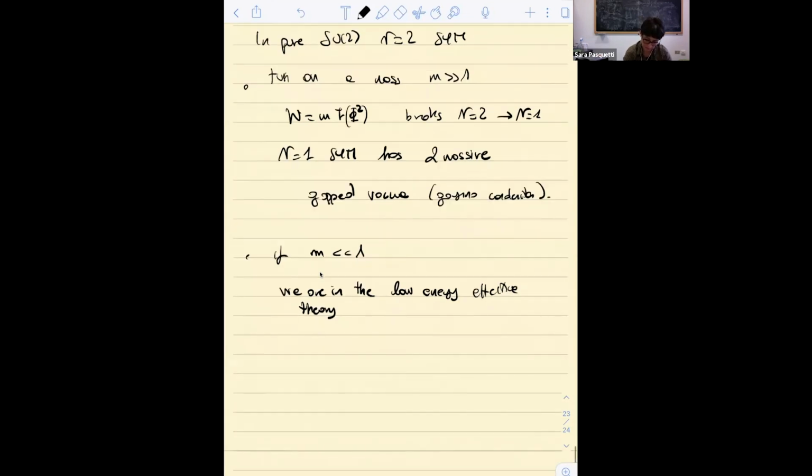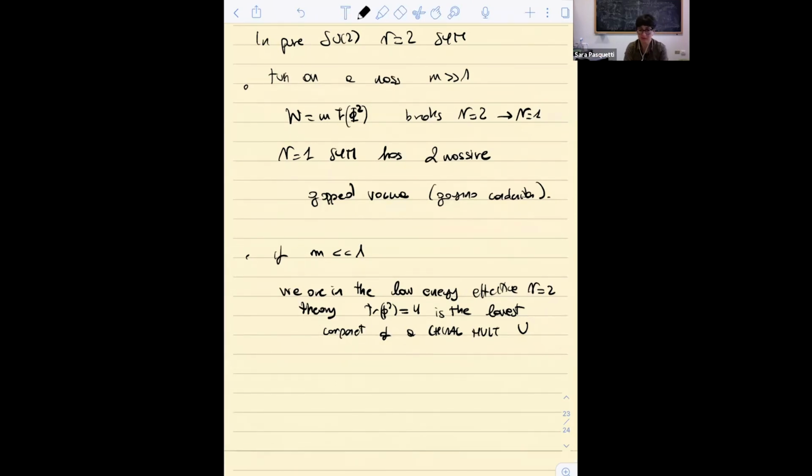So in this low energy effective theory, we are basically saying that we are turning on a mass for capital U, which is the lowest component of the chiral multiplet. So there are basically two possibilities.